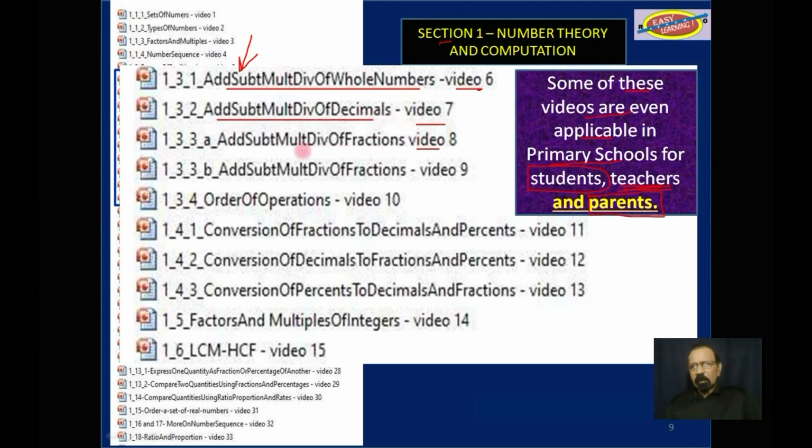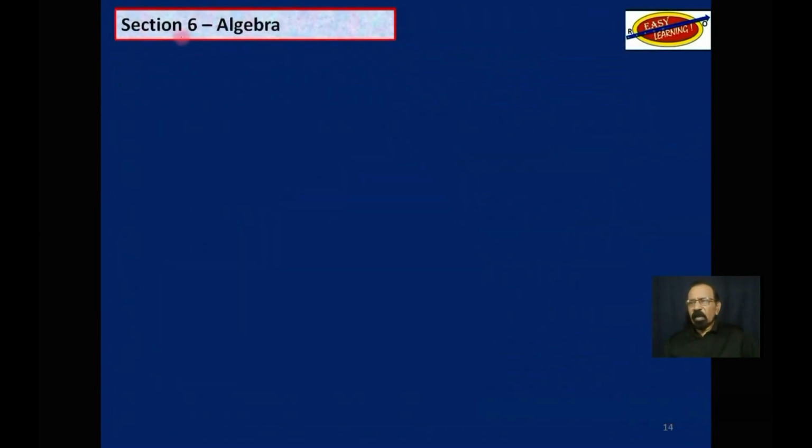Video 8, add, subtract, multiply, and divide fractions, that's video 8 and 9. Also done in primary schools, grades 5 and 6, and so on. So these videos that are part of the CXC syllabus, math syllabus, begin with work that is done in primary school in grade 3. Section 6, algebra, which seems to be a problem area for most learners.